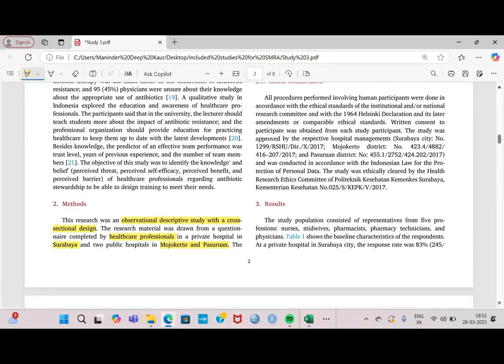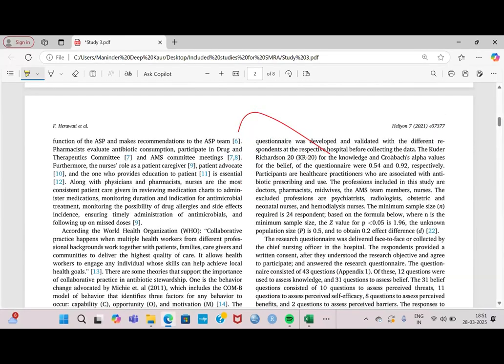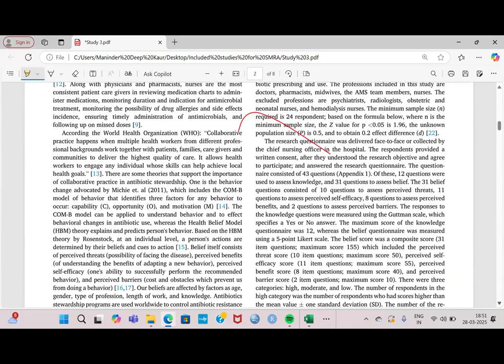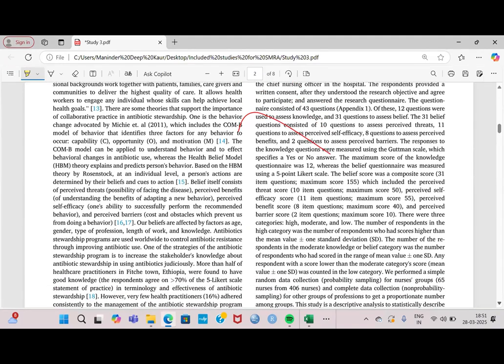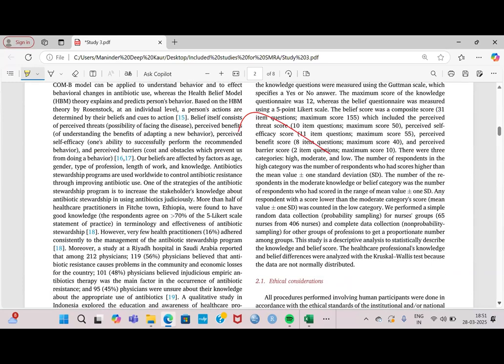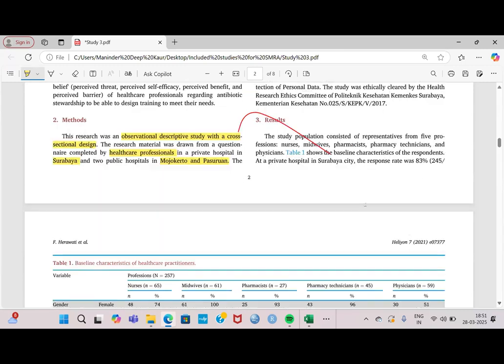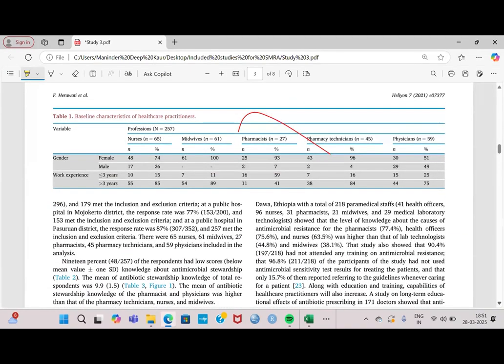Let's read. This paragraph is not telling anything about the study duration. No, this is also not reporting. In the result section, we can see no. So let's leave it. So we will put NA here.